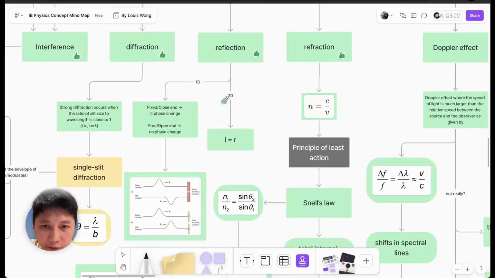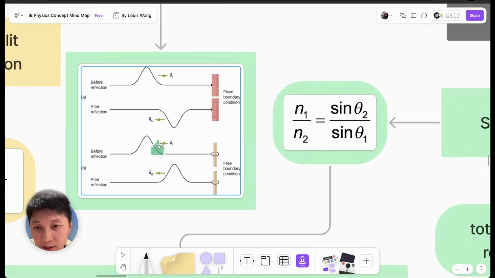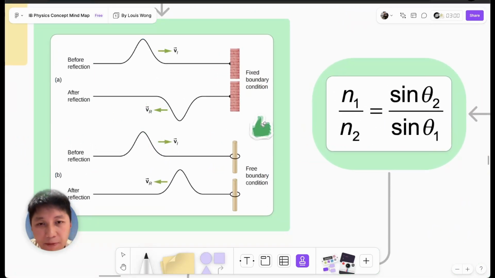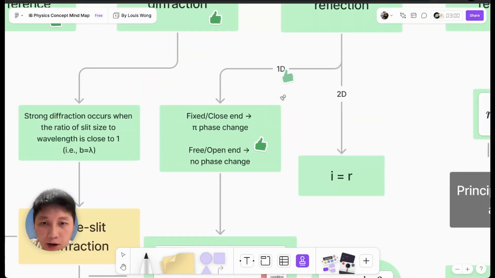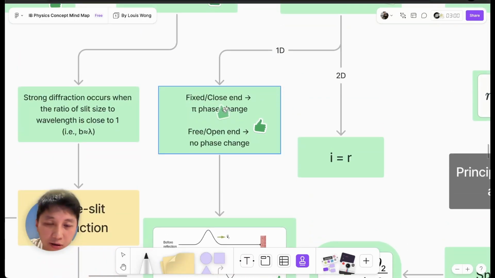So perhaps we go for reflection first. Reflection: there are two kinds mainly in IB physics. One is you can consider a rope, like the diagram here, and it will bounce back, but it depends on the boundary condition, whether it's a fixed end or a free end. What you have to bear in mind is that if it's a fixed, or we can call it closed end, it's just a wording thing, then there will be a pi phase change.